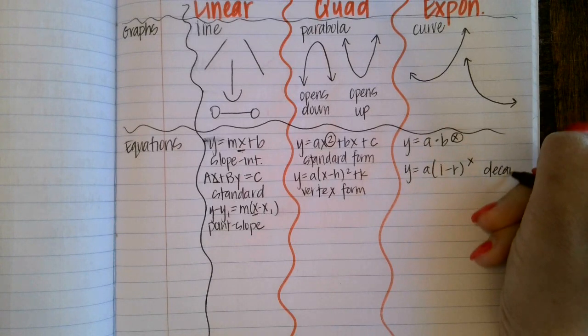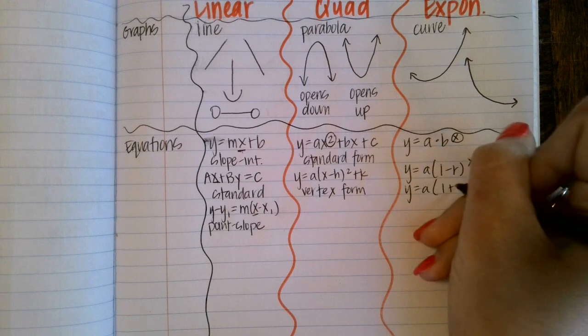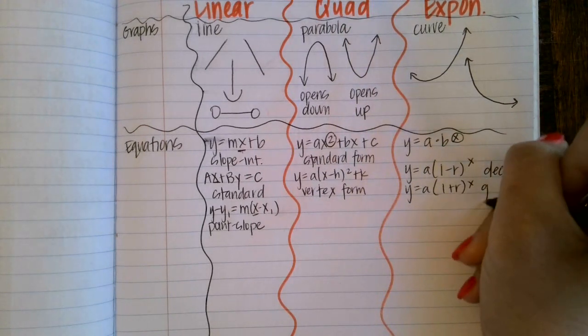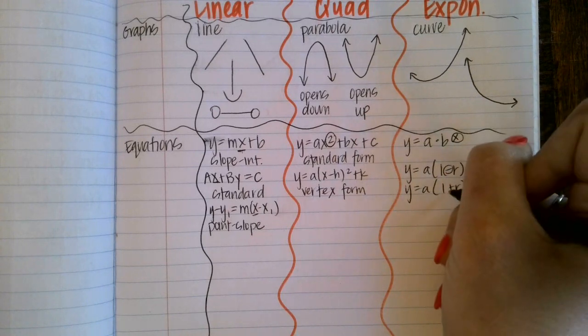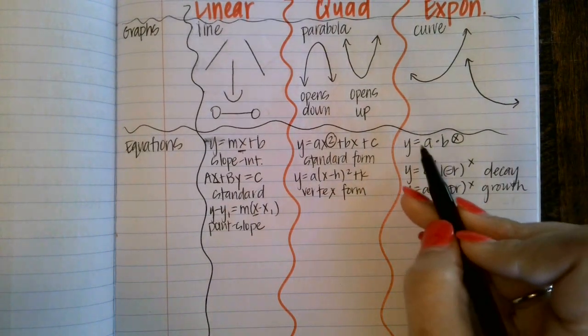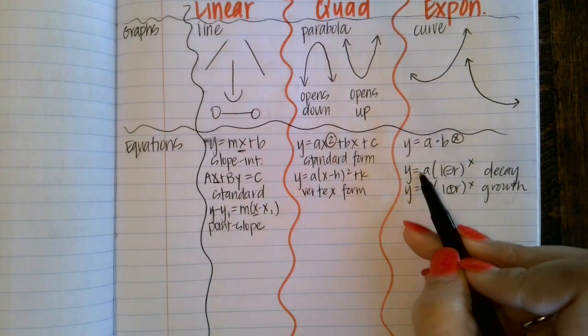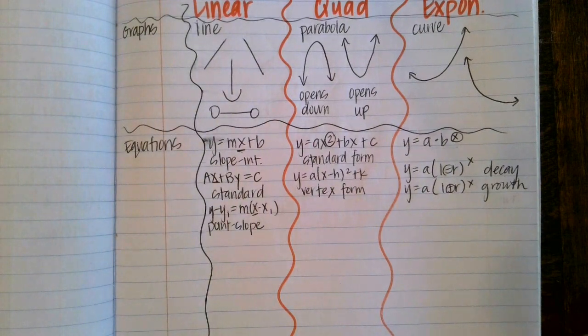We'll talk more about that. Y equals a times (1 plus r) to the x is growth. Subtraction, decay; addition, add. This equation's on your reference sheet. These 2 are not. These would have been ones that you would have had to memorize for your EOC.